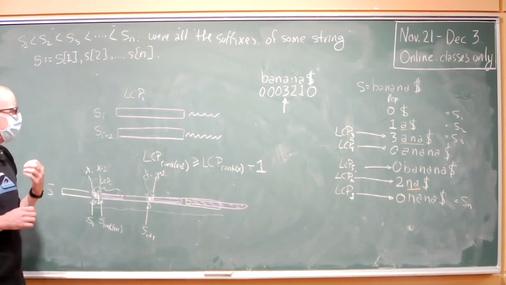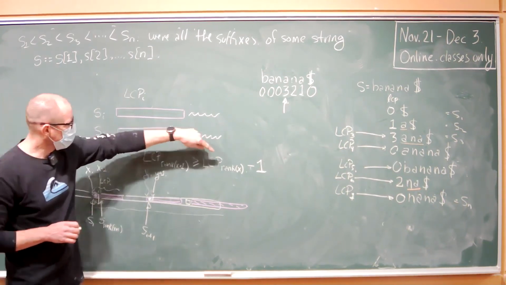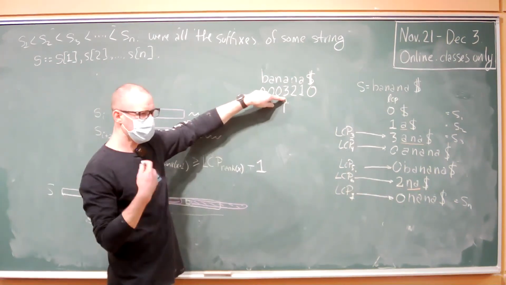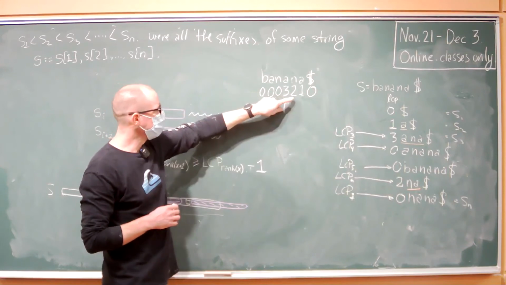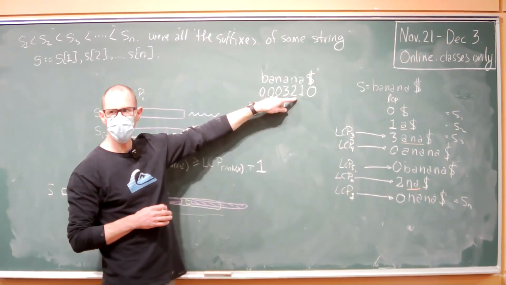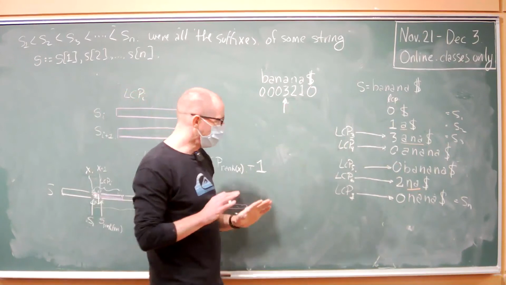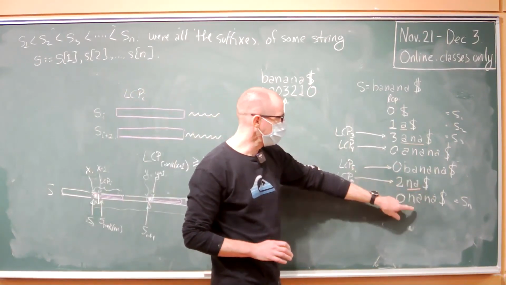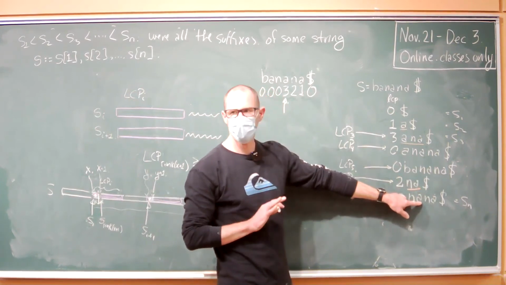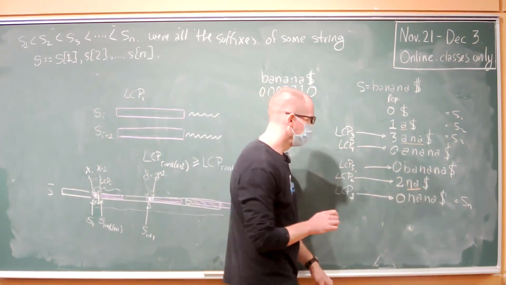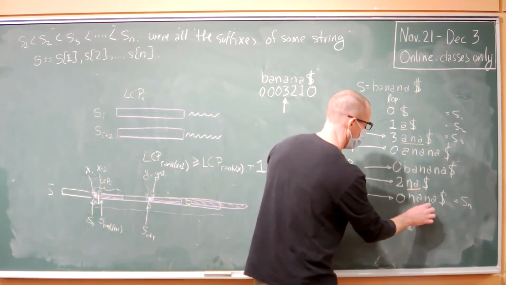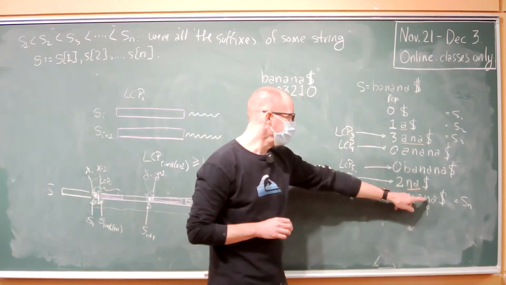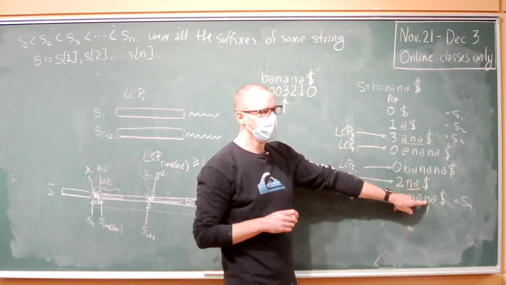Yeah. So I know because of this, that because the last one that I just computed was 3, this one is at least 2. Meaning that I know without knowing anything else, the first 2 characters of these 2 strings agree. I don't need to compare them. So I then start comparing at this location, immediately see that they differ, and so the answer is 2.